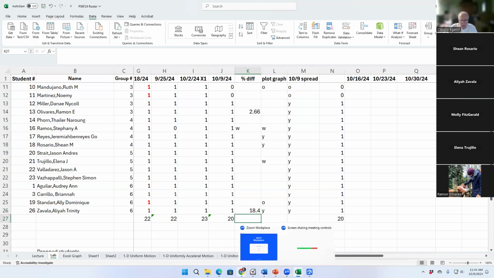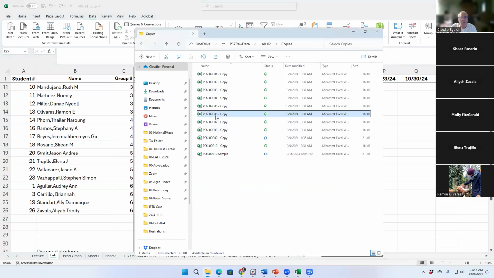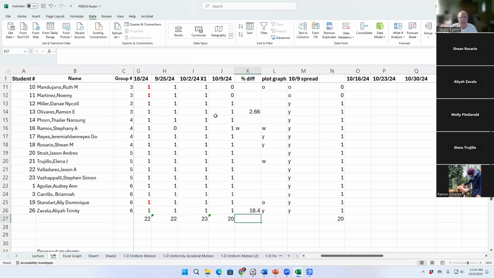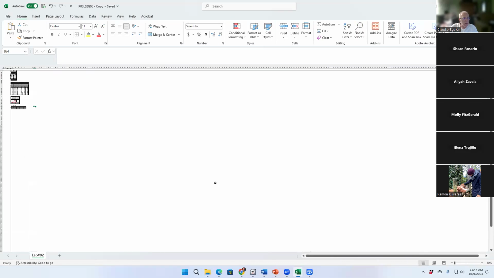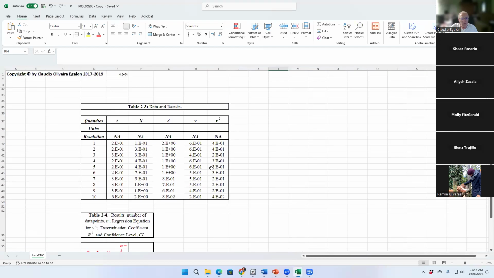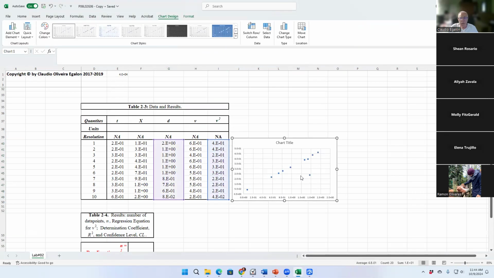Let me take a look here at the spreadsheet of group number 6. Kind of a little bit on the high side, 18%. But definitely it's not your fault. Let's see, V squared versus D spreadsheet. Do we see this point right in here, Alia?